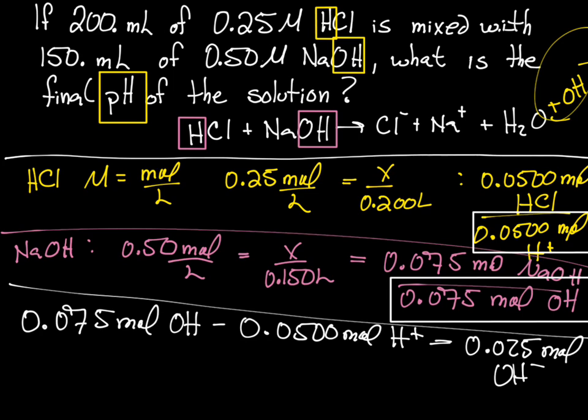We'll make 0.05 moles of water, and we'll have 0.025 mole of OH left over.